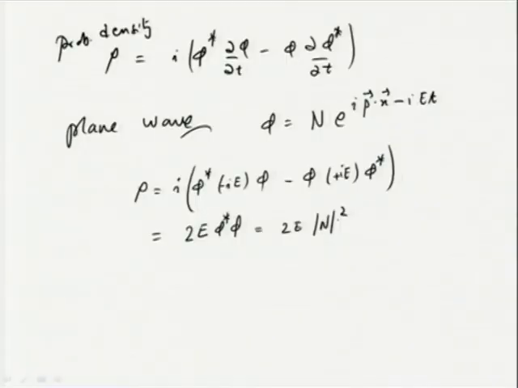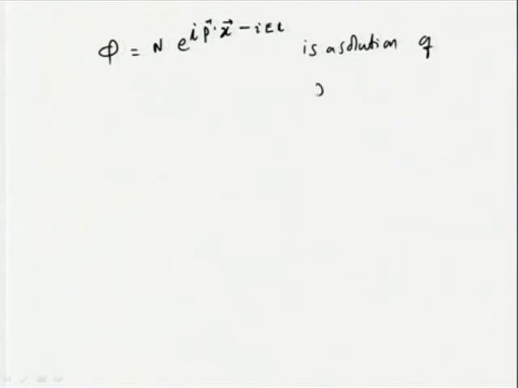All right. So now let us consider phi equal to N e^(i p.x minus i E t) as a solution of the Klein-Gordon equation: del squared phi by del t squared minus del squared phi plus m squared phi equal to 0.